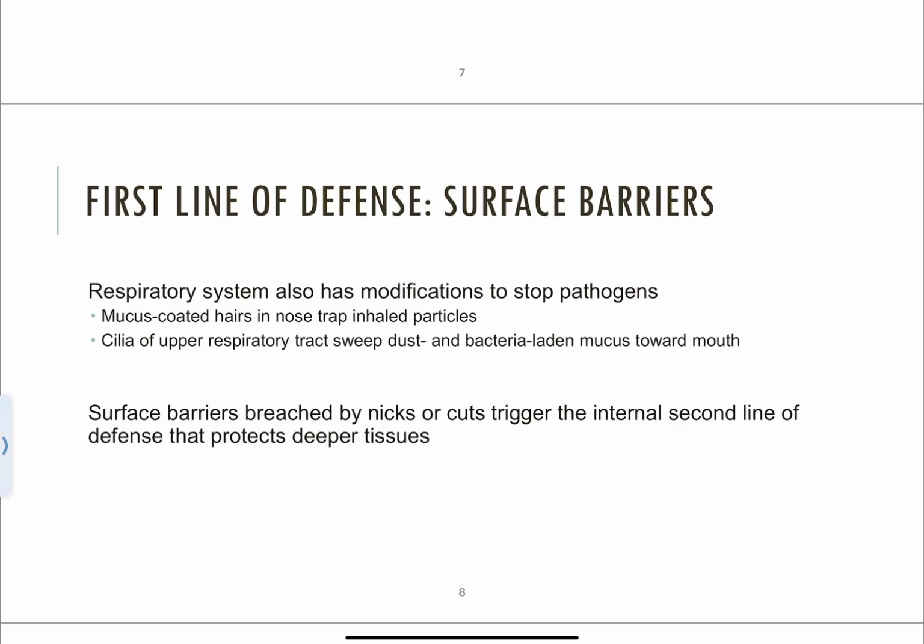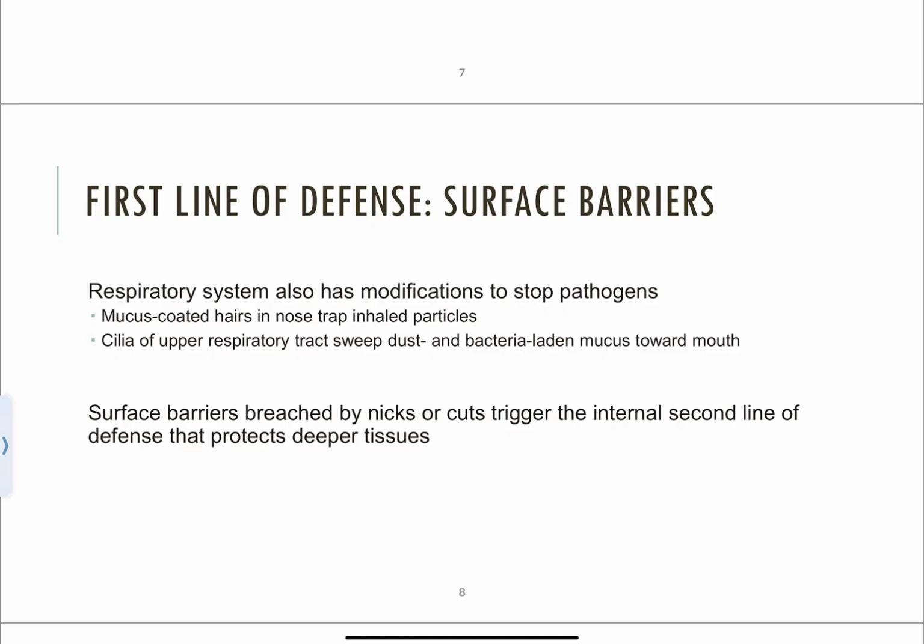We do have some modifications present that can also help ward off different bacteria and microbes. Our respiratory system has modifications, one of which is mucus-coated hairs in our nose, which trap inhaled particles so that they don't reach our lungs. We also have cilia in our upper respiratory tract, which help sweep dust, bacteria, and mucus back towards the mouth.